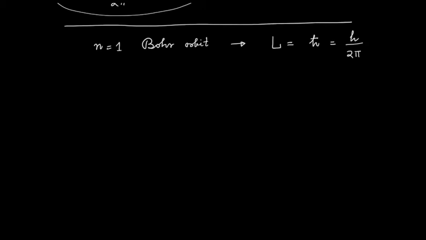Now, what is the angular momentum? The angular momentum is the moment of the linear momentum. Linear momentum is, say, p for the first orbit, and because it's a circular orbit in the case of Bohr, it is the radius of the first Bohr orbit times p. So this equals h by 2 pi.